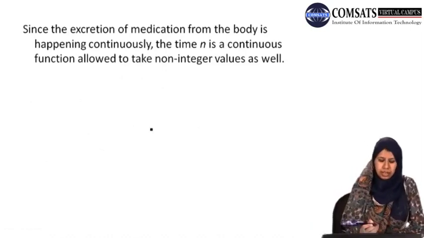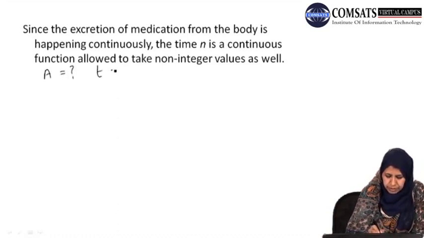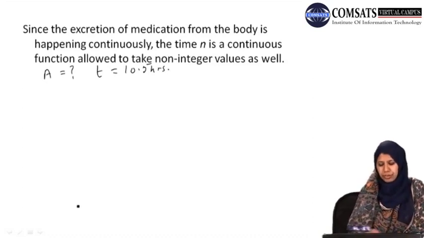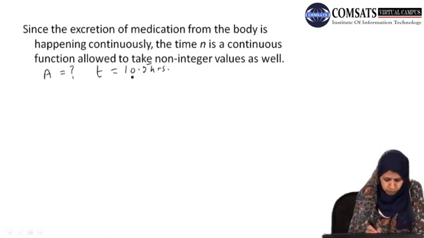So if we are further asked to find the amount A after time t equal to 10.5 hours, first we have to rescale our time. T is equal to 10.5 hours, t is equal to 1, 2, 3 and 4, and so on.